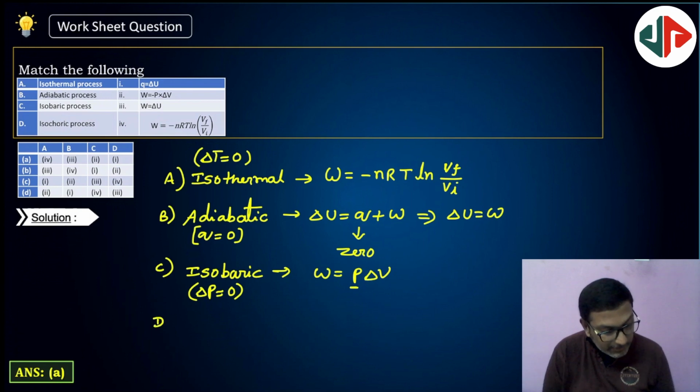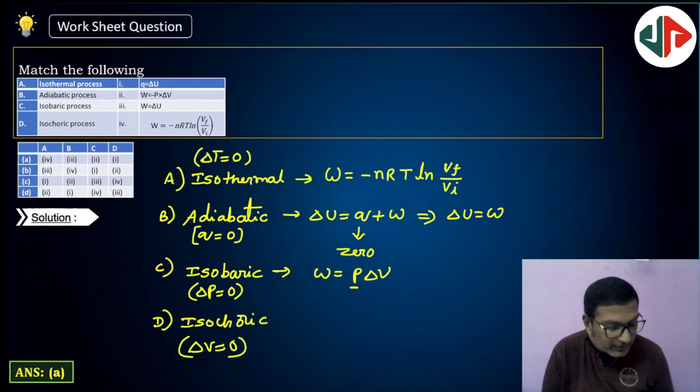Next, option D, isochoric, constant volume, delta V equal to 0.